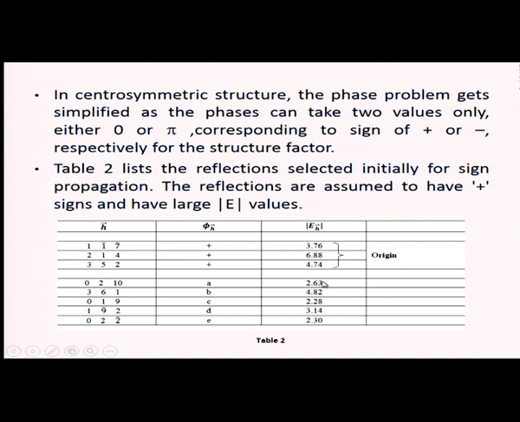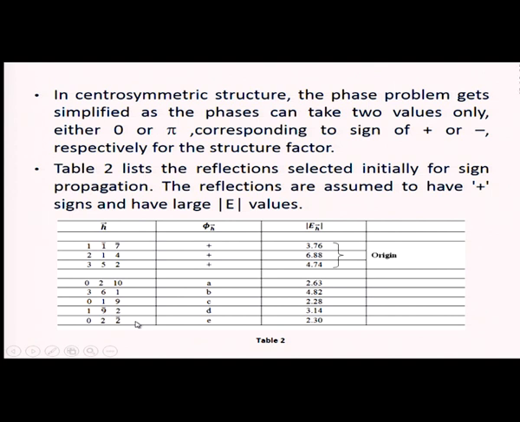Hand propagation means you select a small set of reflections, say 3 plus 5, 8 reflections I am choosing, and for 3 reflections, because it is centrosymmetric, I am assuming the phases to be plus. These reflections are supposed to be very strong E values, because only strong E values give a very reliable probabilistic distribution with lesser variance and a better estimate.